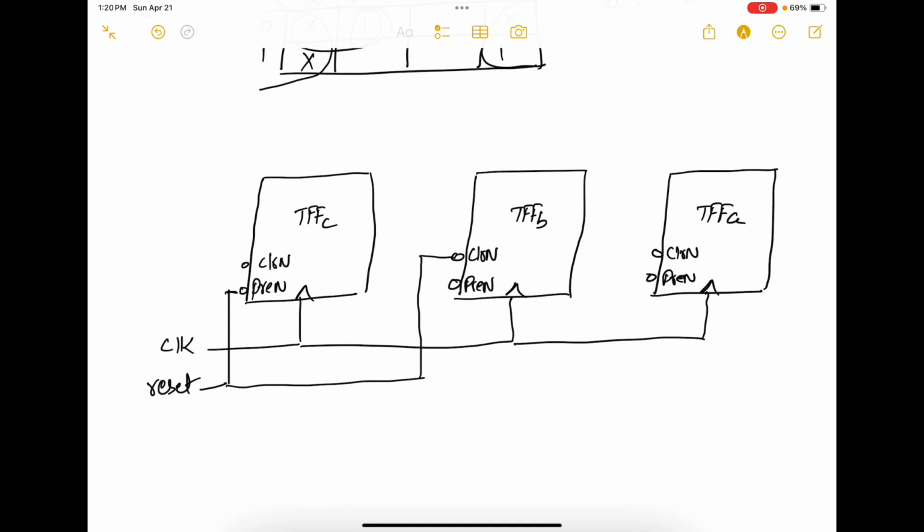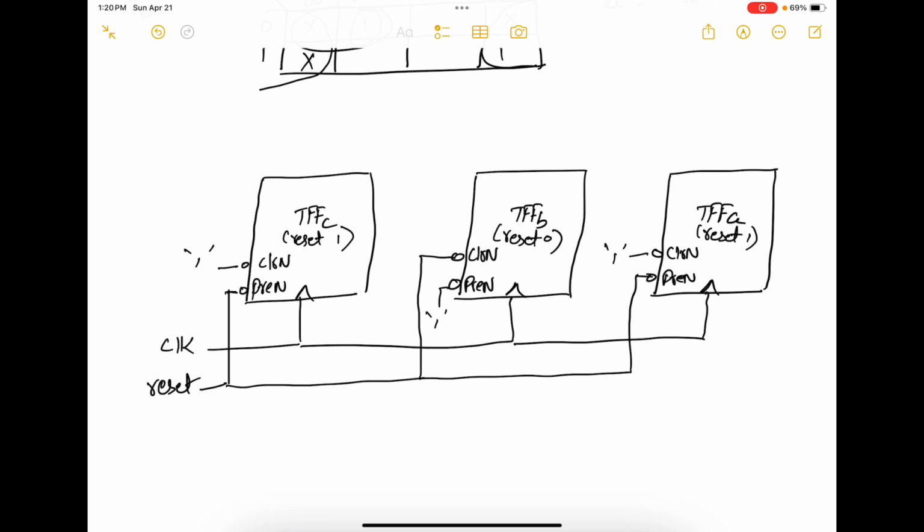Here clear N should be 0. And here pre-N should be a 0. This can be connected to logic 1. This can be connected to logic 1. And this can be connected to logic 1. So this is going to reset to 1. This is reset to 0. And this is reset to 1.